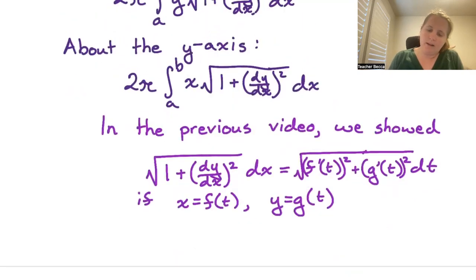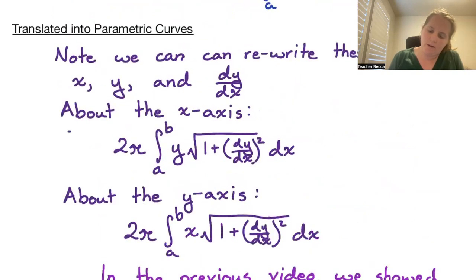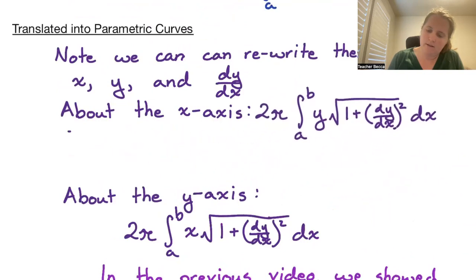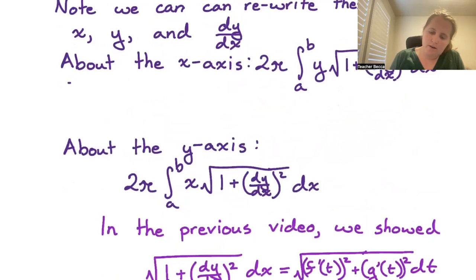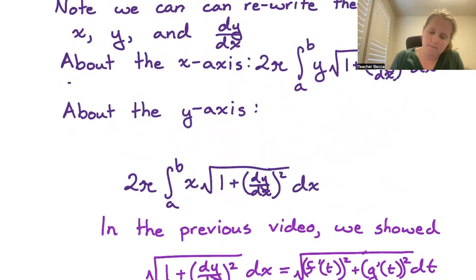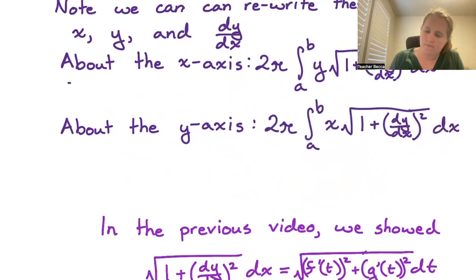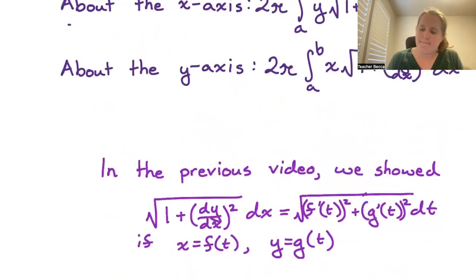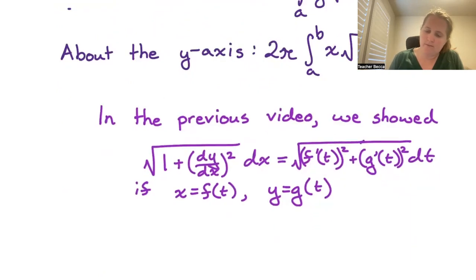So what we wind up getting then, let me shift these around to give myself a little more room. The equation about the x-axis, we just essentially swapped out that f of x for y. Our equation about the y-axis, and then we had what we showed in our previous video.